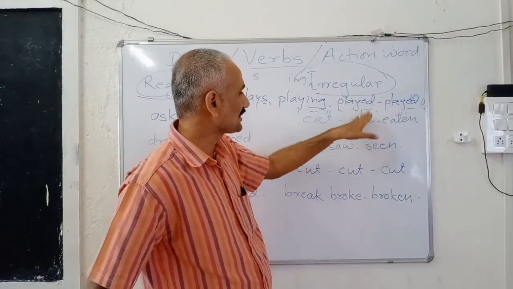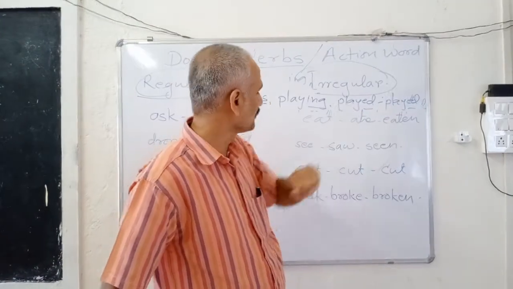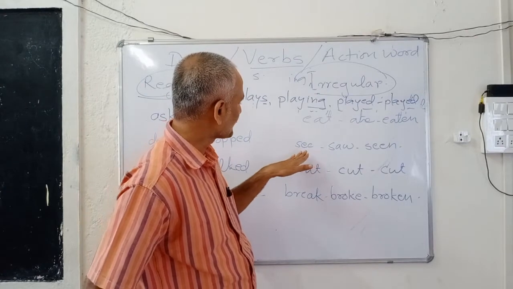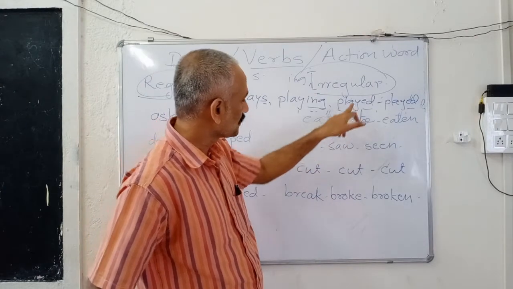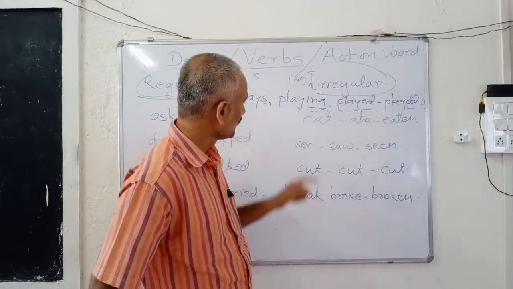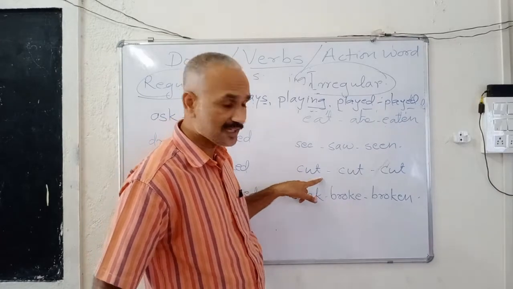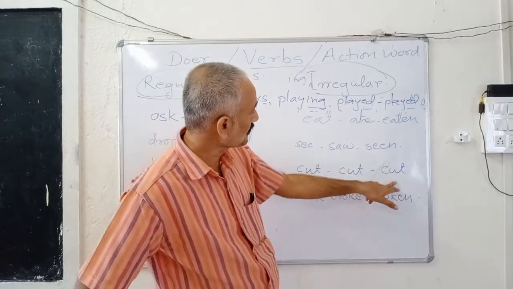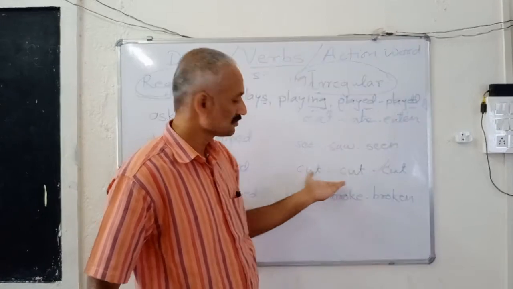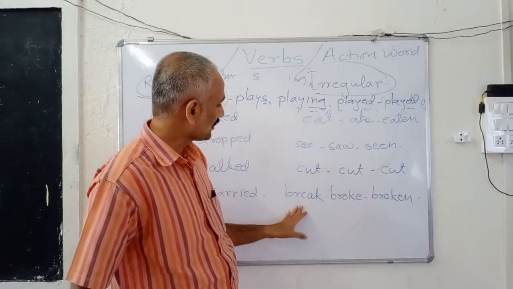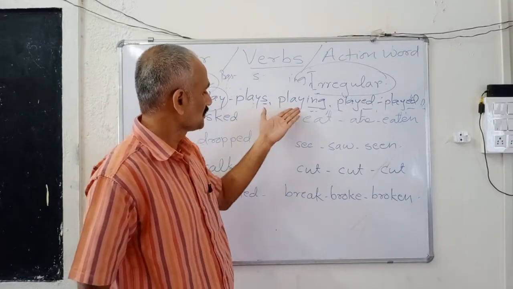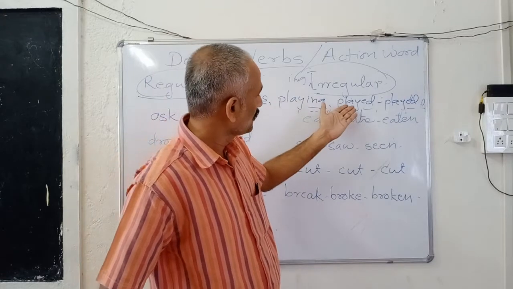Here the past tense is ate and eaten. The past tense of see is saw and seen. The past tense of the base word cut is cut and cut. Similarly for break: breaks, broken.